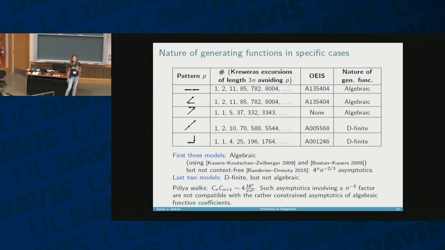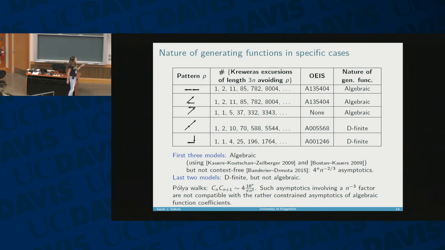One way that you can tell that they are not algebraic is that you can look at their asymptotics. If you look at how the sequence grows with an n to the minus 3 factor, there is some relatively restrictive scheme for what algebraic generating functions' asymptotics can look like.